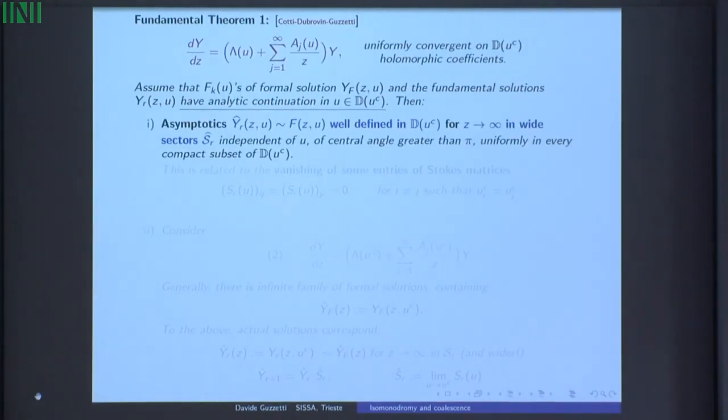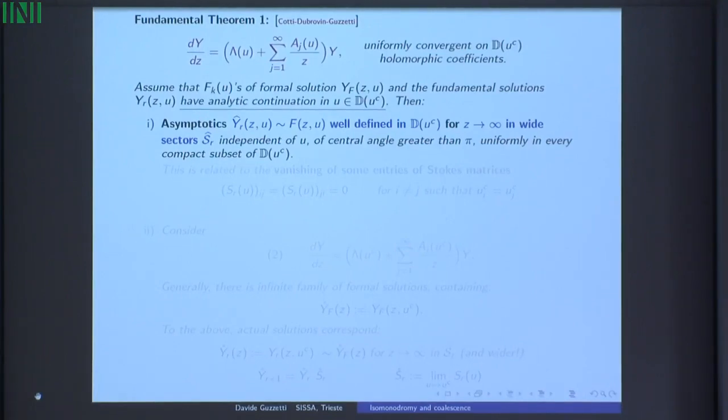First of all, you can prove that the asymptotics is actually well defined for every u in the polydisk in sectors which are even wider than those I have presented before. So in wide sectors of central opening angle greater than pi.